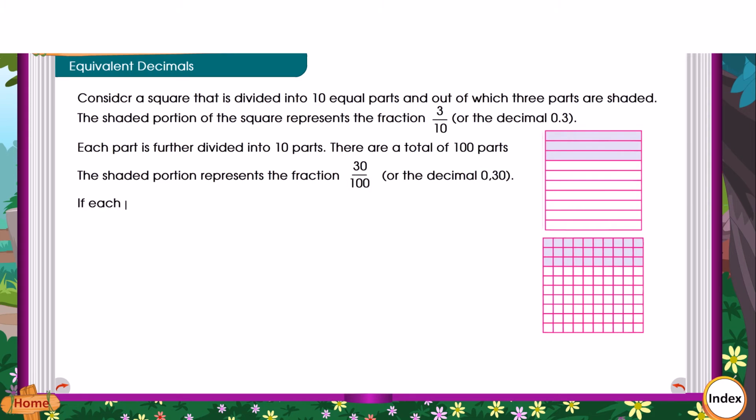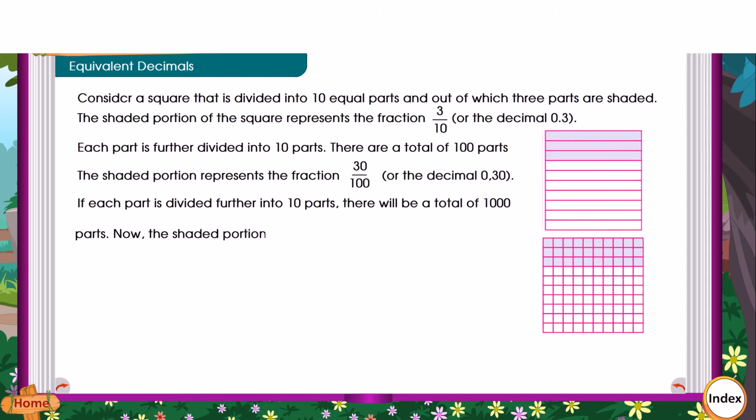If each part is divided further into 10 parts, there will be a total of 1000 parts. Now, the shaded portion represents the fraction 300 by 1000 or the decimal 0.300.